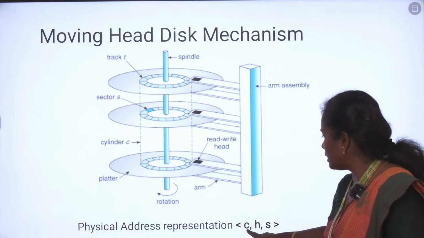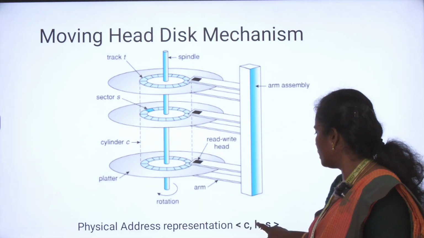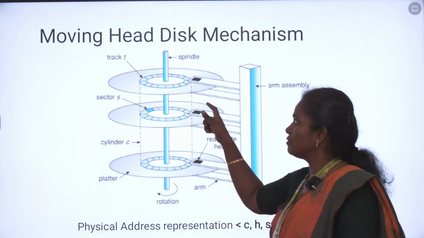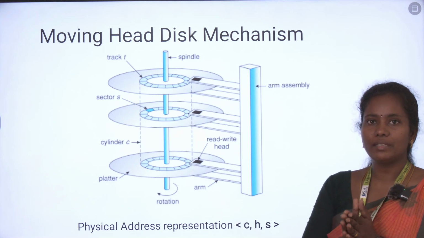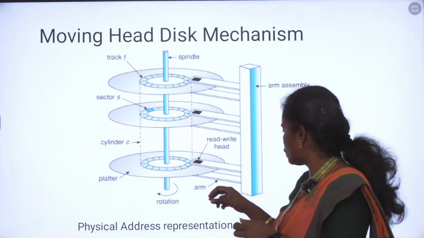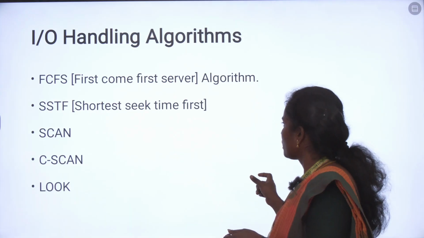The cylinder indicates in which cylinder the data is present, and the surface indicates under that cylinder which surface the data is on. Every surface has n tracks, and the sector indicates under which track the data will be present.